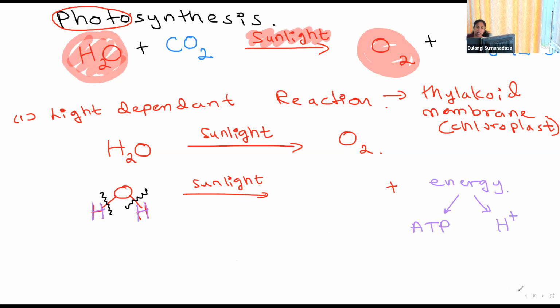Use the coenzyme and grab the H plus. Use the unloaded coenzyme, grab the H plus and convert it into the loaded coenzyme. So photosynthesis has the unloaded coenzyme NADP.